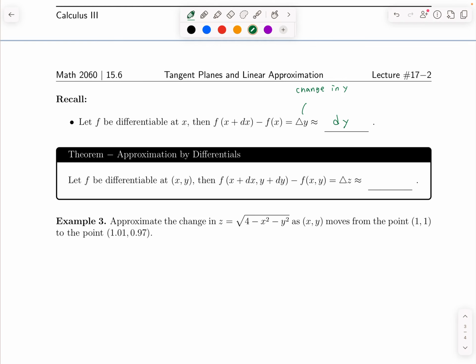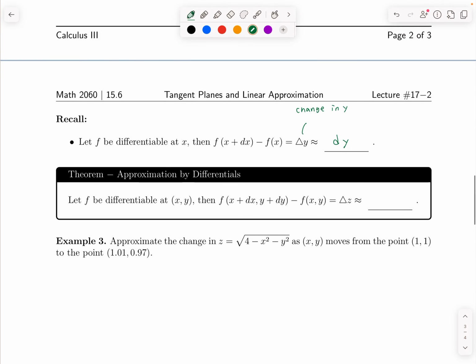Now it will be approximately equal to dy. Now notice that if you have a graph like this, and this is your x1 and this is your x2, that means this will be your y1 and this will be your y2. So the difference right here will be your delta y.